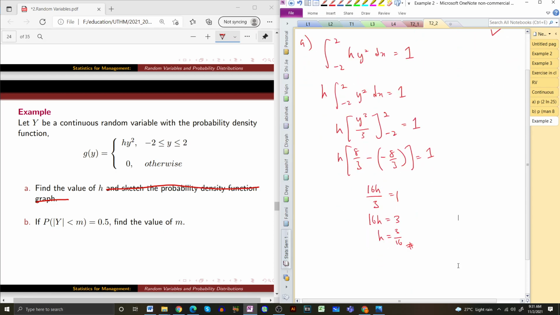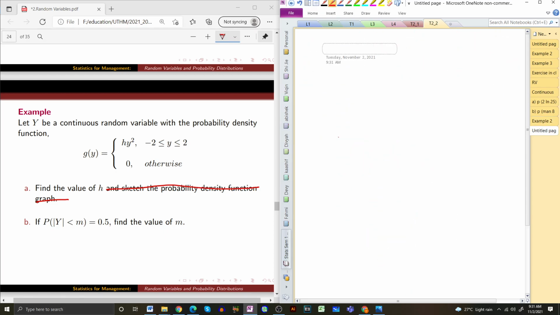So let us do B now. And I suppose in maths you have learned inequality. This one can be written like this.